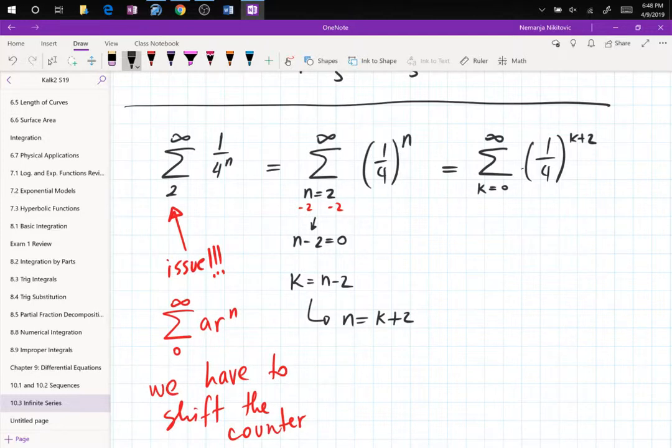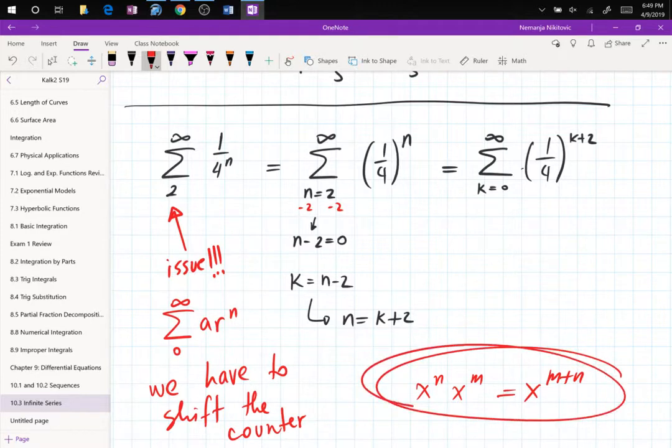Oh, yeah. I peel off these two using a basic algebra formula. Remember the algebra? x to the n times x to the m is equal to x to the m plus n, right? Basic algebra formula we learned.